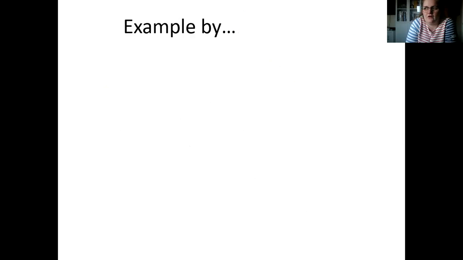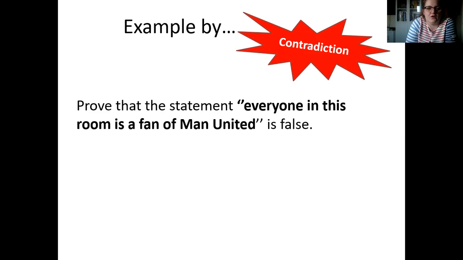So you could ask loads of people. If someone in the room says, no, I'm not, I support Derby, I support Leicester, I support Liverpool. You go, oh yeah, well, so-and-so over there, they don't support Man U. So that's false. And that's basically what we're doing with disproof by contradiction.